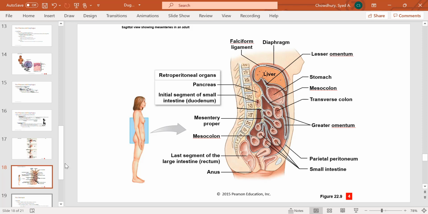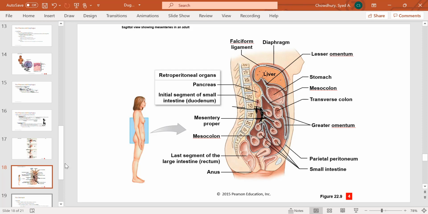These are called mesentery. You see the mesentery. This is the main mesentery. It starts from the posterior wall of the abdominal cavity, right? And then from that one, branches are formed.